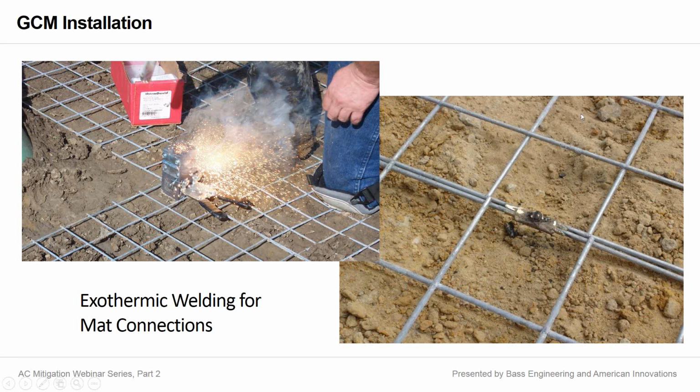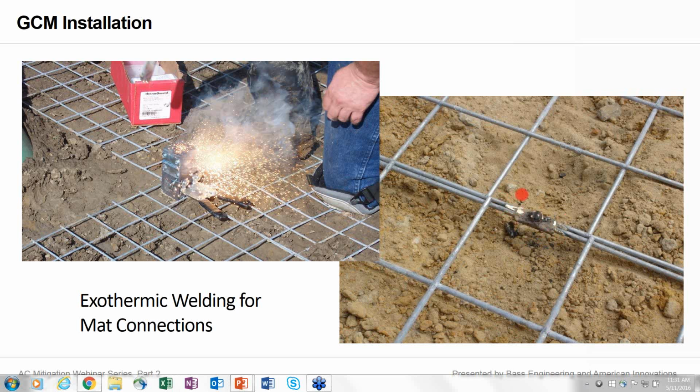You can see on the right, the exothermic process results in the weld material, but as many of you are aware, we've now created a bimetallic coupling. We have the weld material in contact with the zinc, our galvanizing material on the mat.